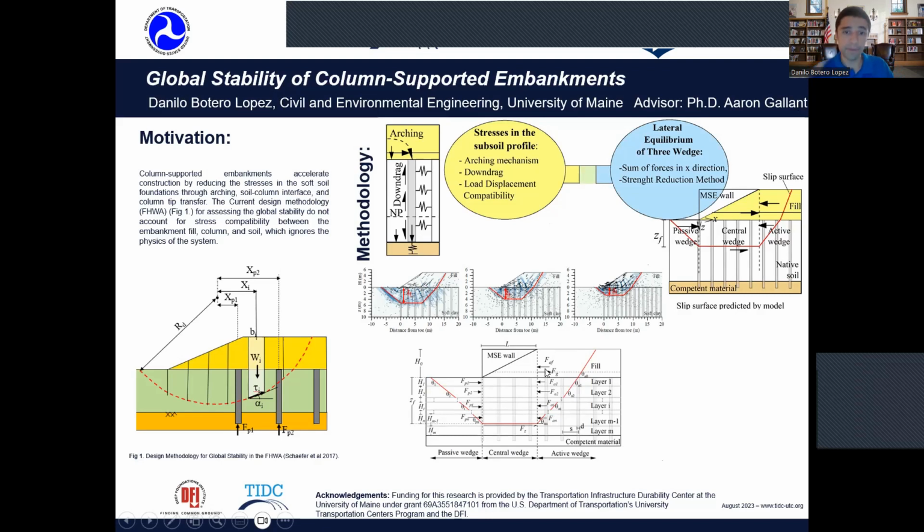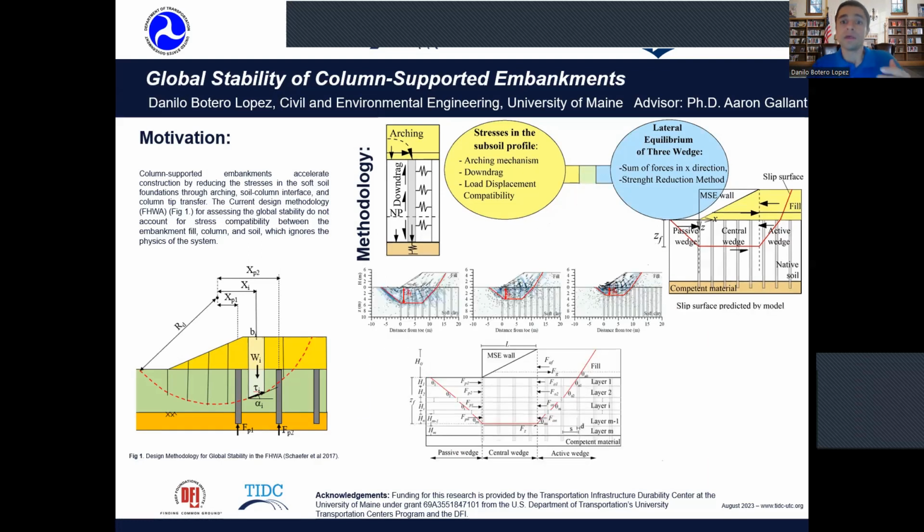After that, we apply the strength reduction method and start reducing the soil parameters until we find the equilibrium, and that is our factor of safety. So this is our simplification. We are using the vertical stresses, computing the horizontal stresses, and then we can compute the factor of safety.